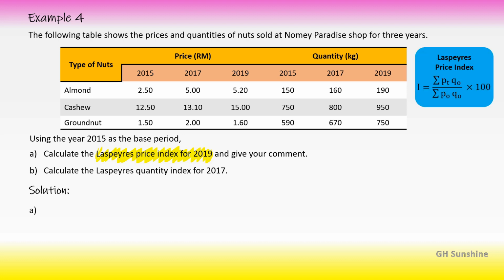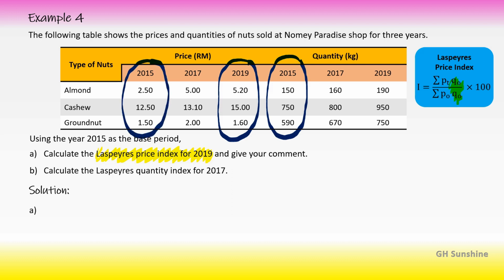What is the formula? So this one, you need PT, Q naught, and P naught. What is the weight? So the weight here is Q naught. Where is it? Q naught, quantity of 2015. Where is PT? Price of 2019. Where is P naught? Price of 2015. Then substitute.